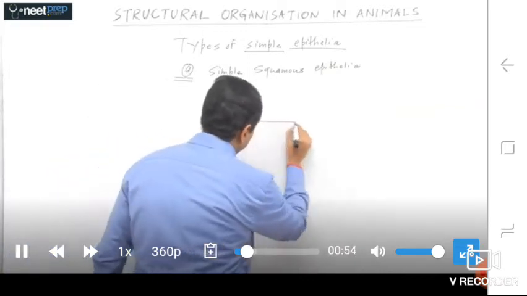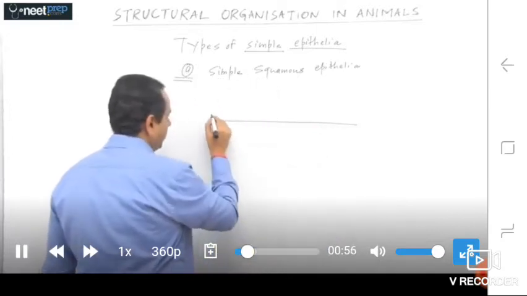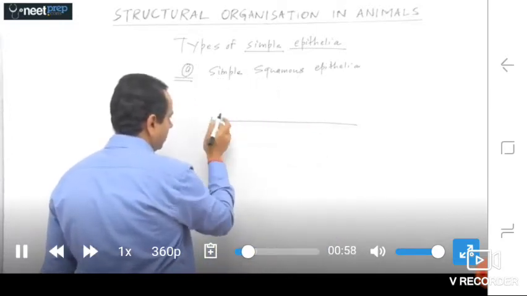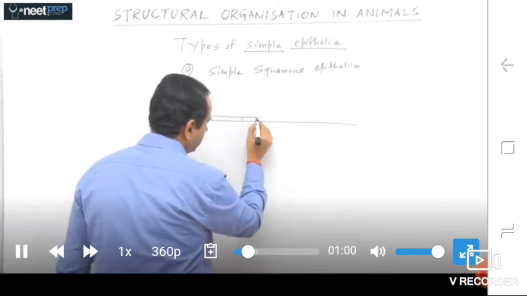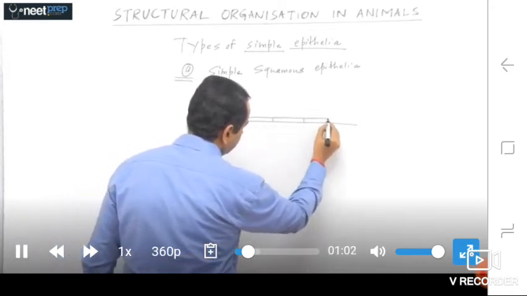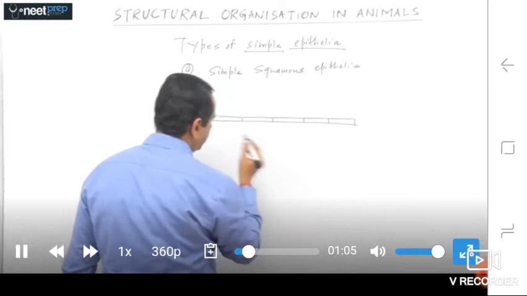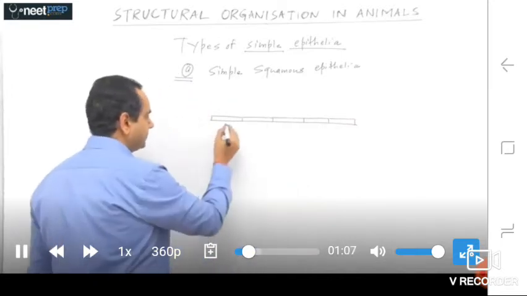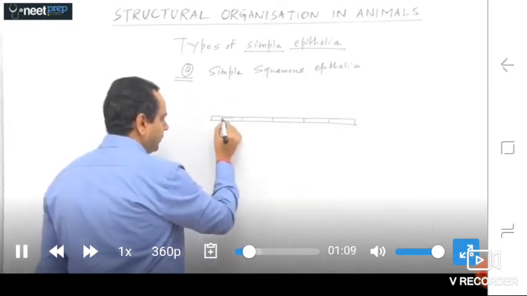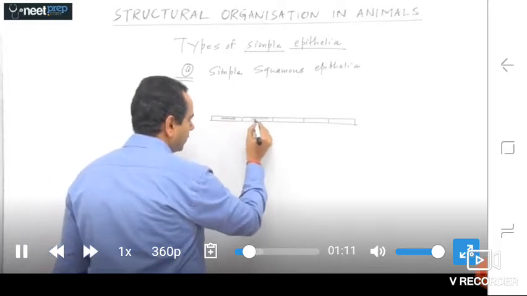Here is a thin basement membrane, and above that there are very flat cells, thin and flat cells located above the basement membrane, and they have very flattened and oblong nuclei.